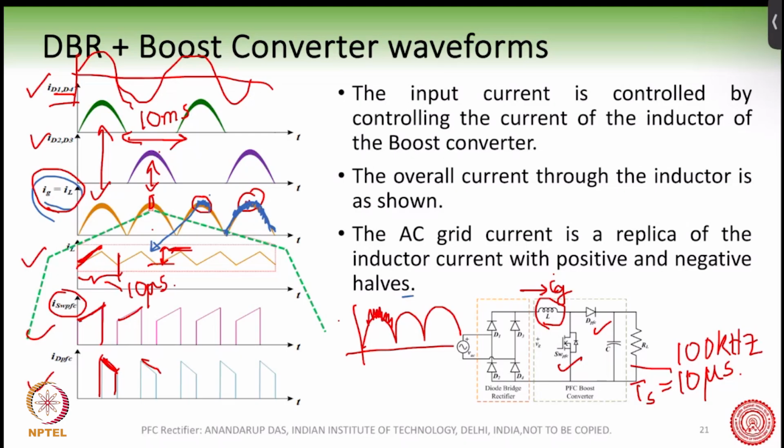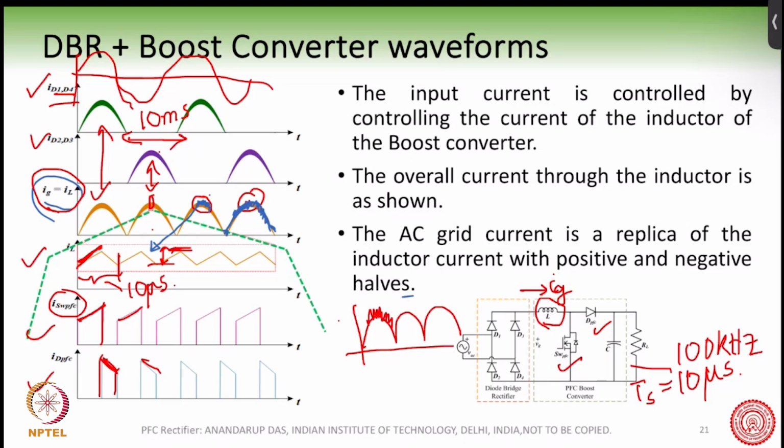In many cases, this is quite acceptable. Now we have to see whether this is acceptable to the grid or not. If the THD is not bad with this kind of band of current, then we are fine.